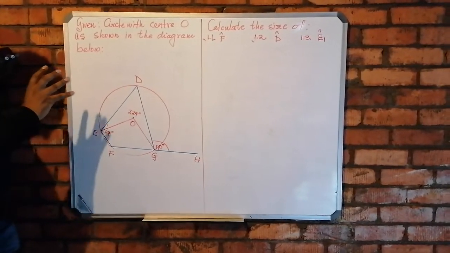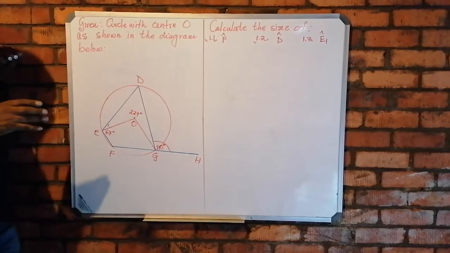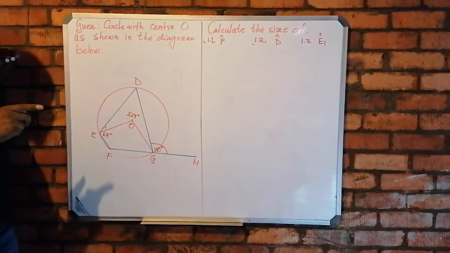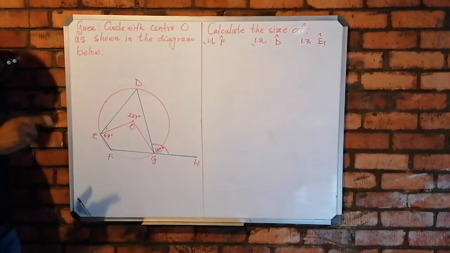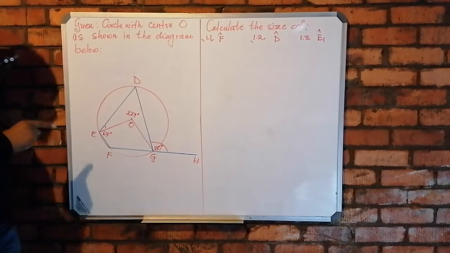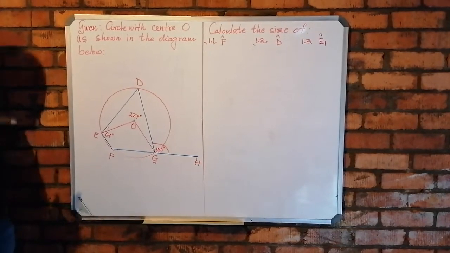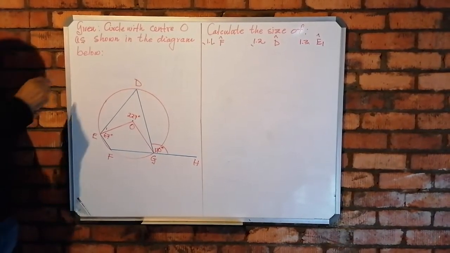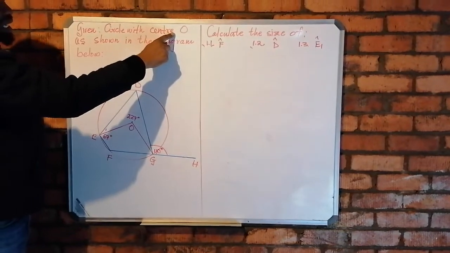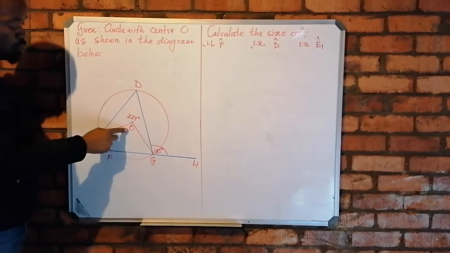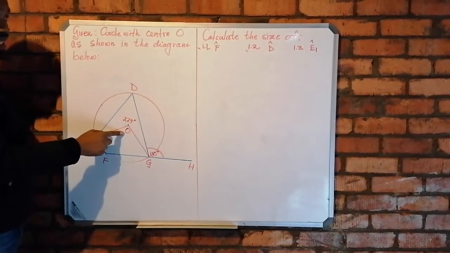Now, when you look at the given diagram, first of all, you must be able to identify the theorems that are going to help you to solve that. Now, let's look at this diagram. Do you see that they say center O is there?